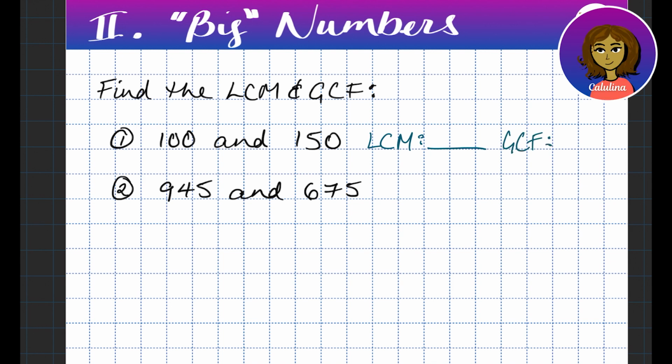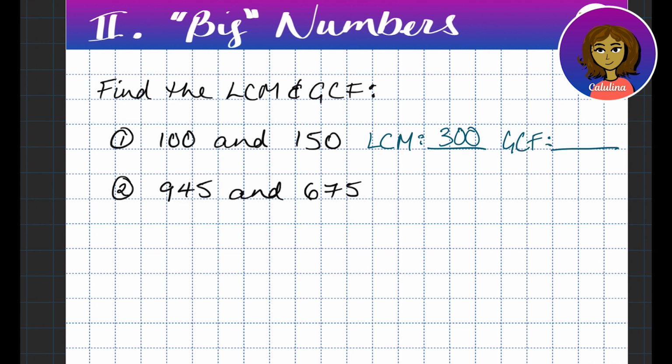So for the LCM, you would just do multiples of 150, right? Yes. Okay, so 150 wouldn't work, and then 300 would work. That's correct, 300. And then what about for the GCF? The GCF, it's not going to be 100.